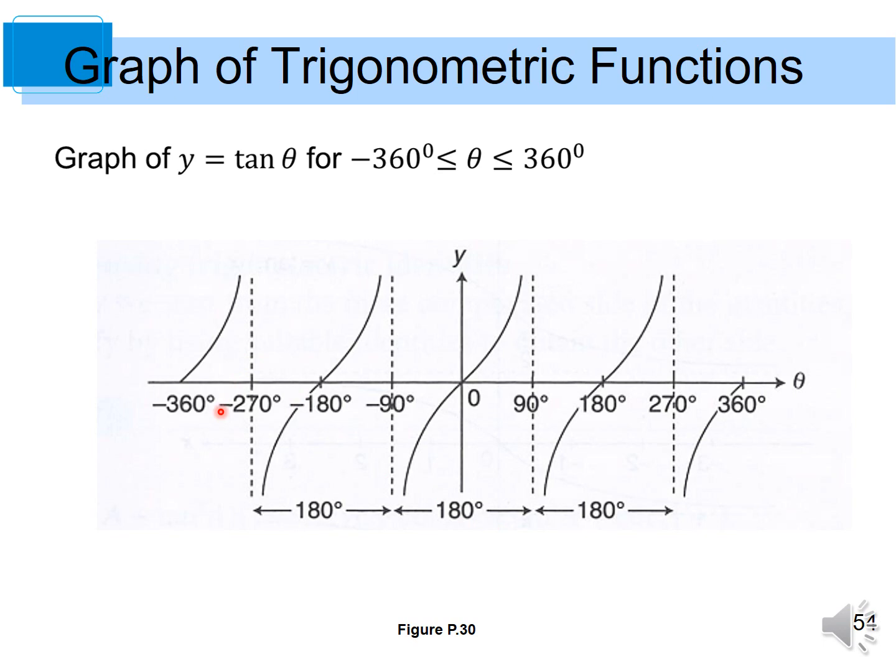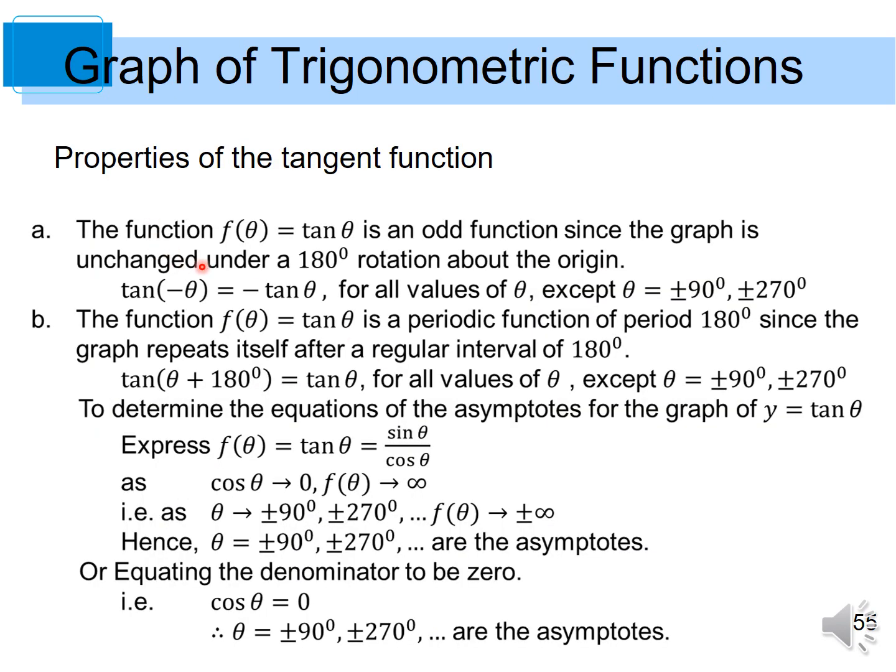For the tangent graph, the tangent function is an odd function since the graph is unchanged under a 180 degree rotation about the origin. And you can also verify this tangent function as well. The function is undefined at theta equal to plus minus 90 degree, plus minus 270 degrees, and so on, because they are asymptotes.